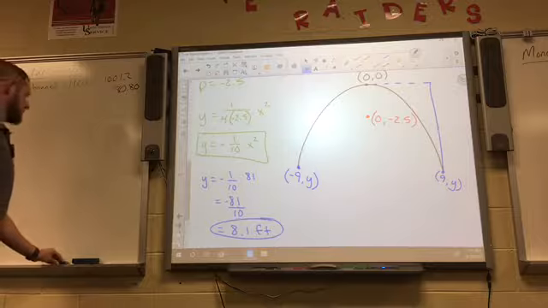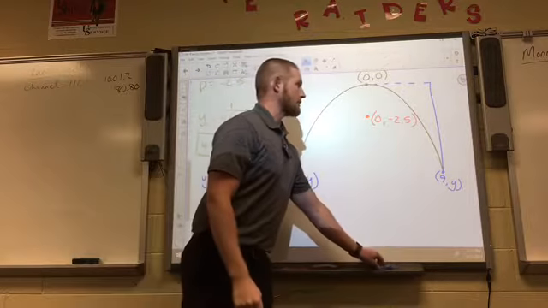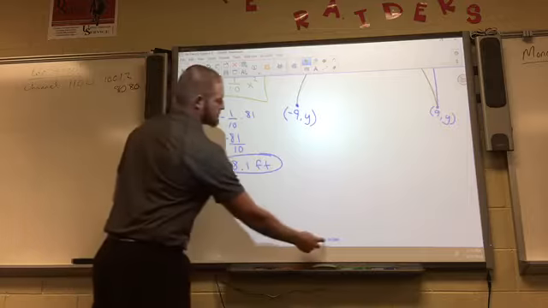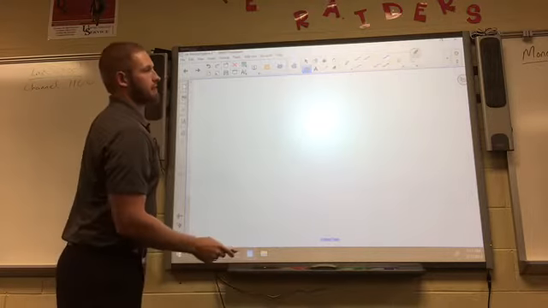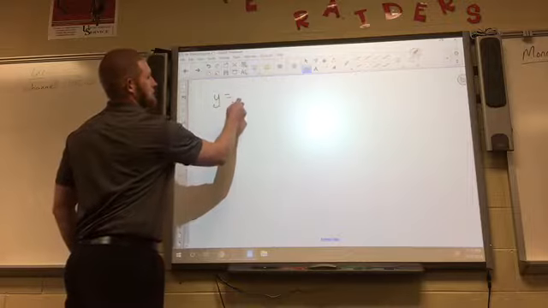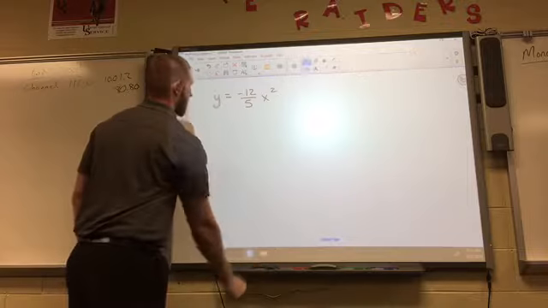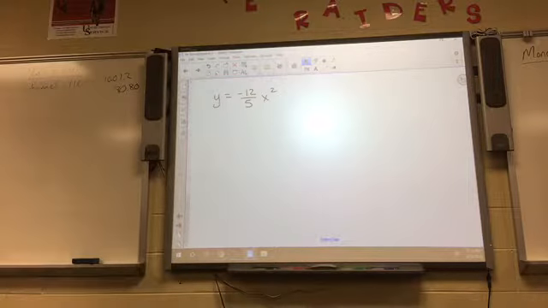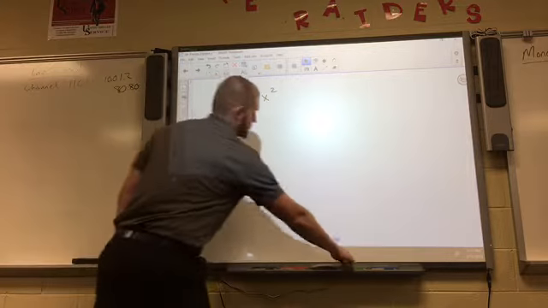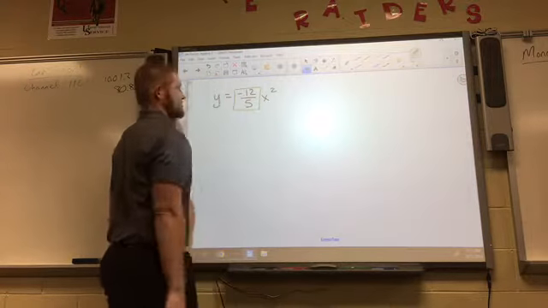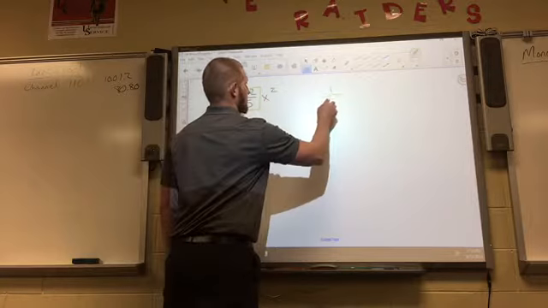The only other thing I want to make sure we understand here, I want to copy those down so I have them on the smartboard. If I have y equals negative 12 over 5 x squared, and they ask you for the value of p, or you're trying to find where the focus is, which to find the focus you would need the value of p, what is usually in this position? 1 over 4p, right?